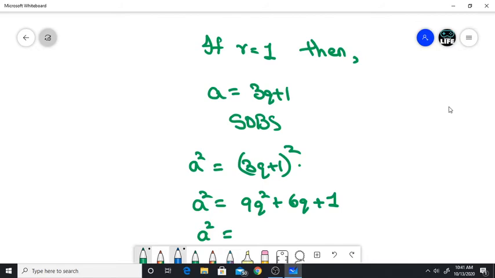Take 3 as common from the first 2, so you get 3 into 3q square plus 2q, plus 1, where q is any integer.